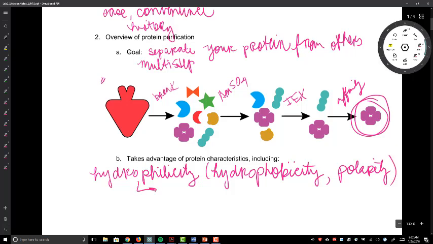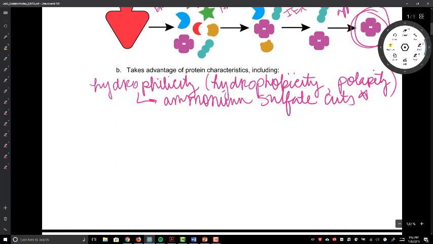And we take advantage of this property using ammonium sulfate precipitation, or ammonium sulfate cuts. And that's what we're going to be talking about today. You can also exploit a protein based on its charge. And so that would be done via ion exchange chromatography.